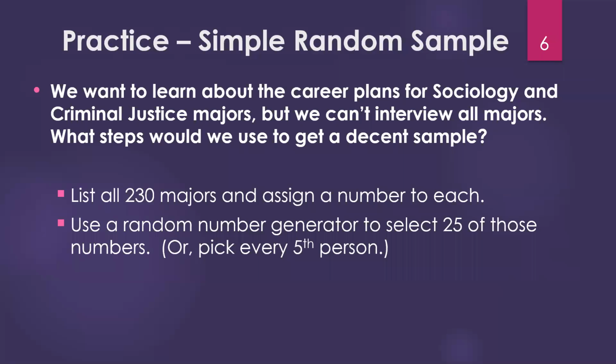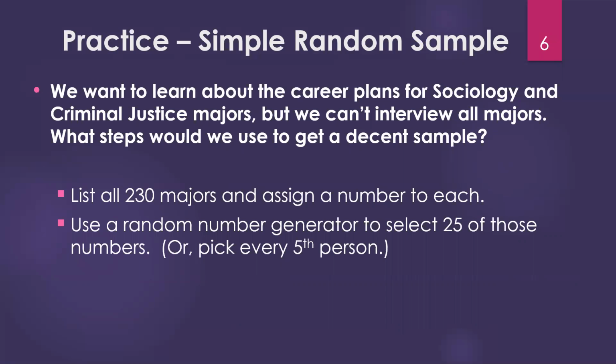In order to get the probability sample, that means we first need to list all 230 majors and assign a number to each, right? So each of the sociology and criminal justice majors is assigned a number, and then we use a random number generator. Let's say we know we want to just do 25 interviews.